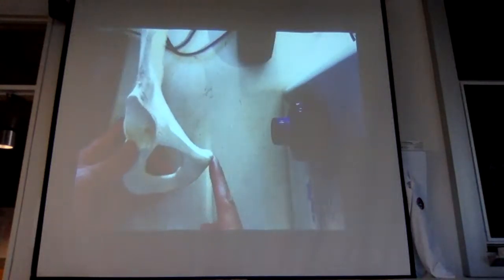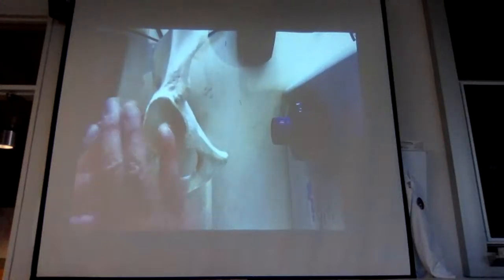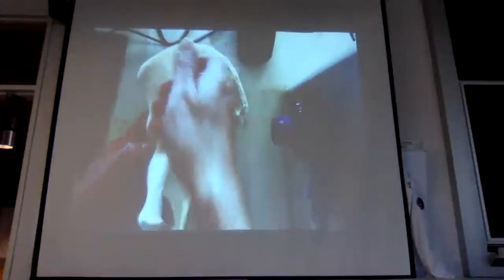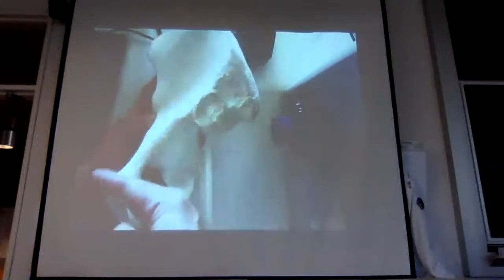So this is anterior, so anterior, inferior, lateral. If this is anterior, that means this fossa is also anterior. The pubis is kind of coming anterior immediately.